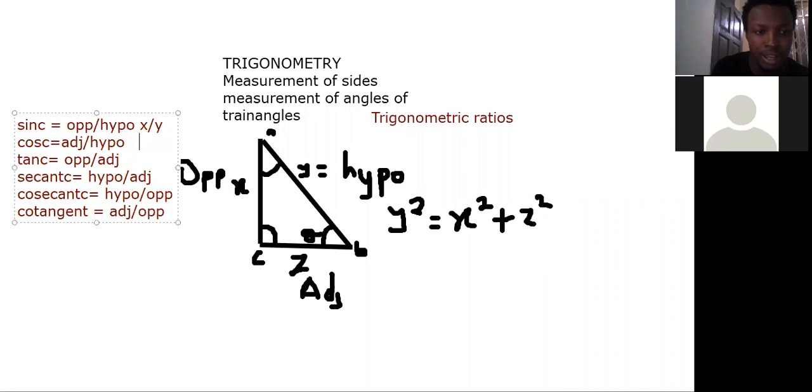Then our cosine is adjacent all over hypotenuse, so it becomes z all over y. Then bear with me that the tan now becomes x all over z. Okay. Let me push this one.